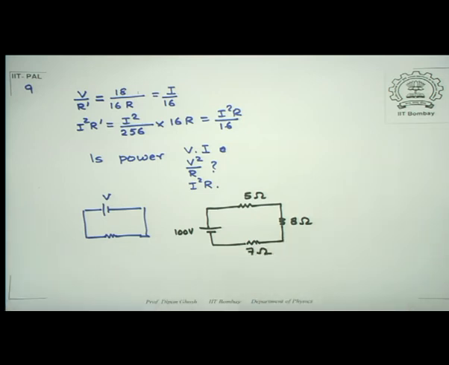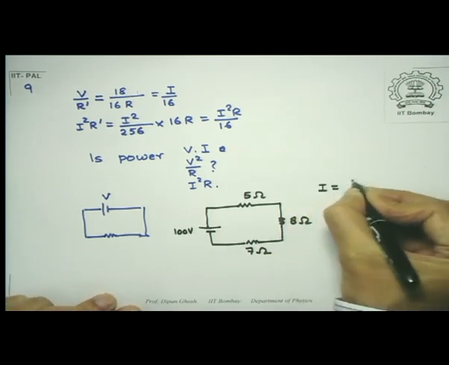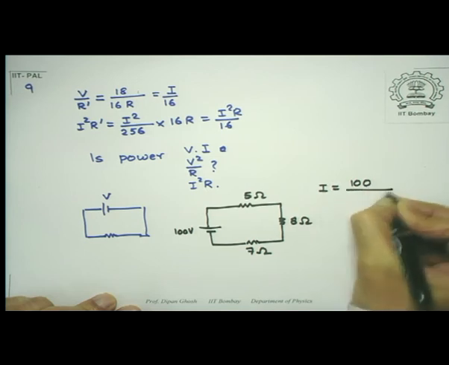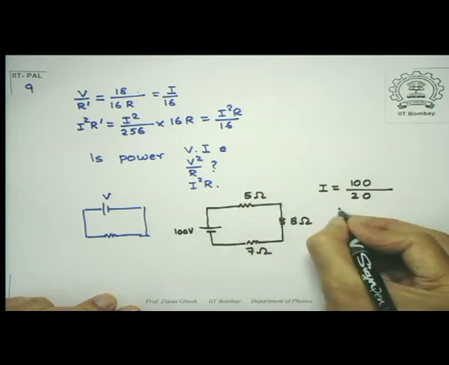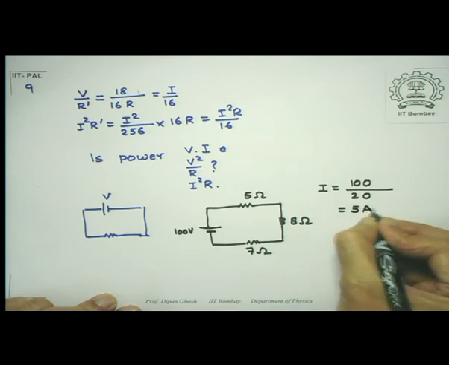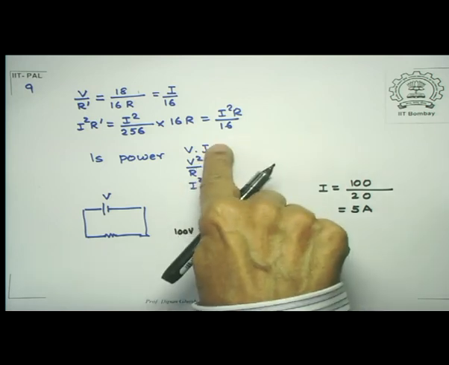You see what is happening in this situation. Let me first calculate how much current I have. My current is 100 divided by 5 plus 8 plus 7, which is simply 5 amperes. So the power that is delivered by this source is given by this formula.